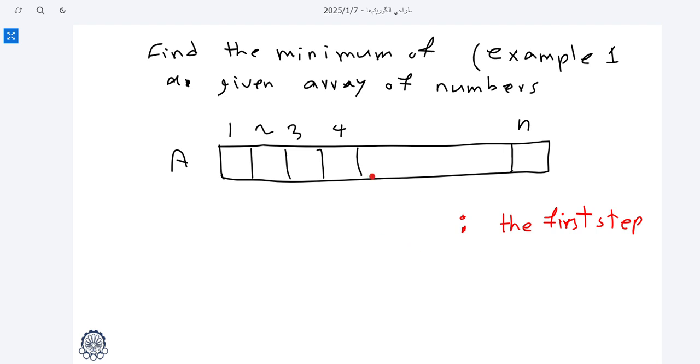One choice is to divide the array into two equal size parts.